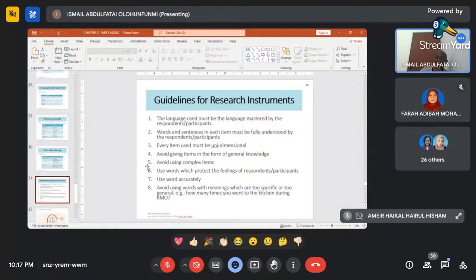It should be unidimensional. Avoid giving items in the form of general knowledge. Avoid using complex items. Use words which protect the feelings of respondents and participants. Use words accurately. Avoid using words with meanings which are too specific or too general, for example, how many times you went to the kitchen during the period.